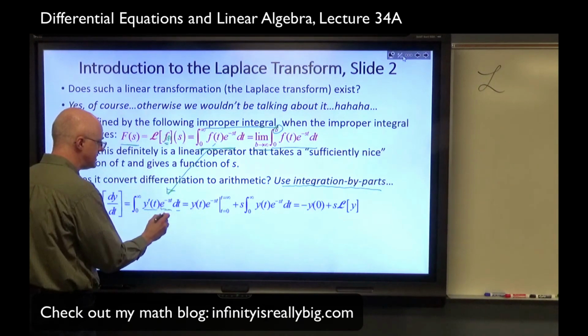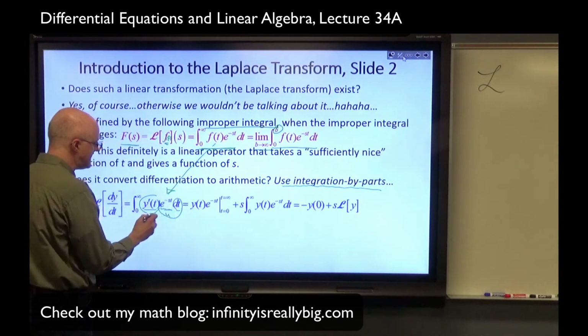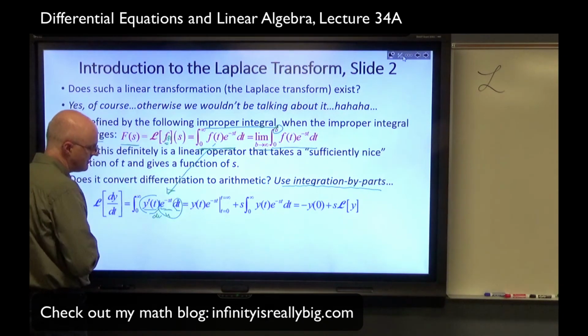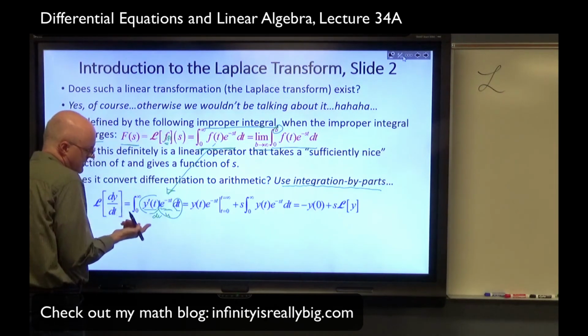If you let this thing be u, and y prime of t dt be dv, or if you prefer, y prime is v prime, if you're used to doing integration by parts that way.